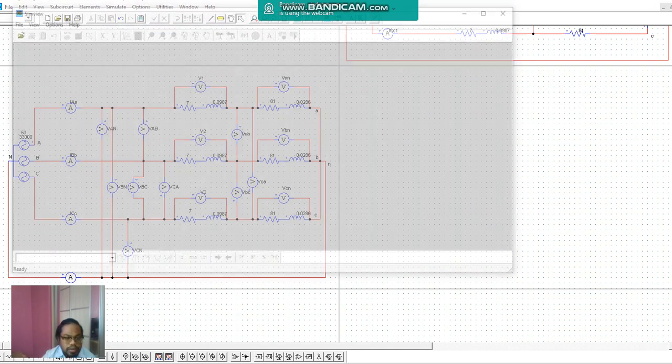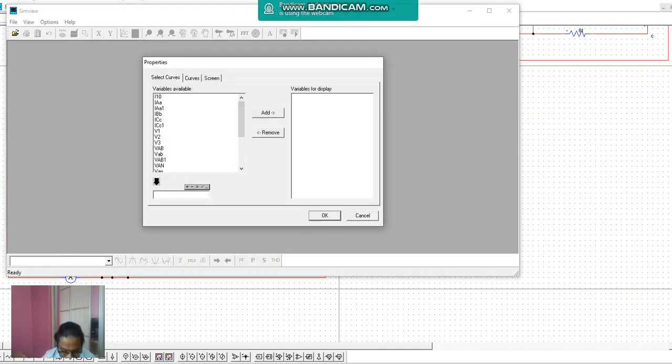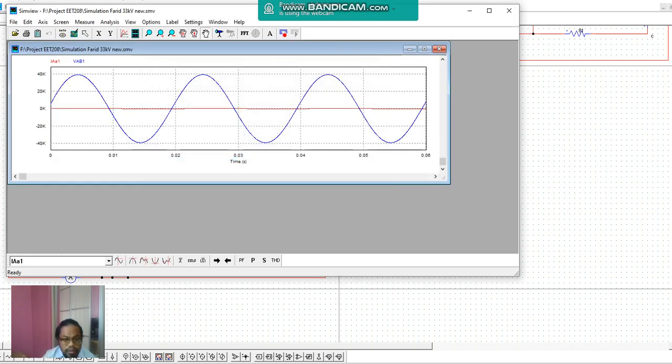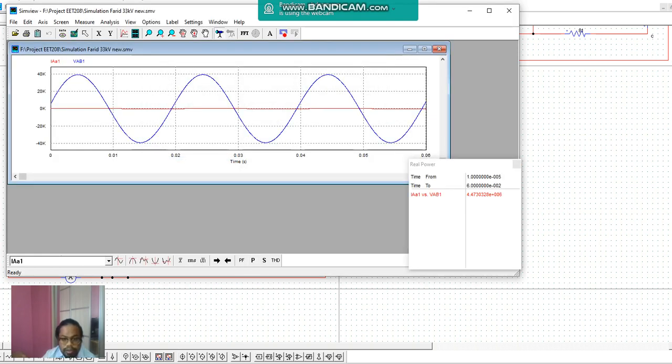Okay, so the last one I try to get power. So run simulation, I choose total P, so for P total I choose IAA1, VAB, so get a power.